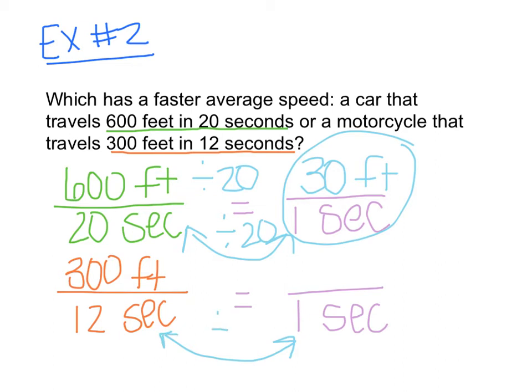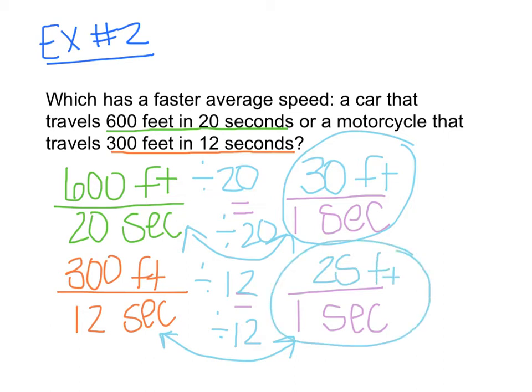We divide by 12. So we divide our top number by 12, which equals 25 feet. So the motorcycle goes 25 feet in 1 second. So when we compare the car to the motorcycle, we can tell that the car is faster because it goes farther than the motorcycle does in 1 second.